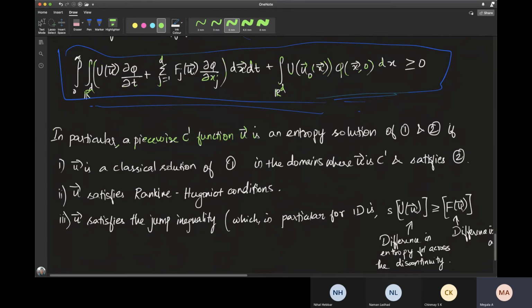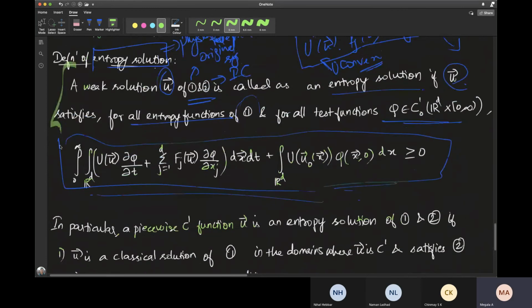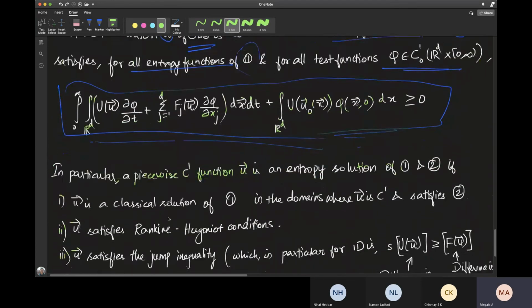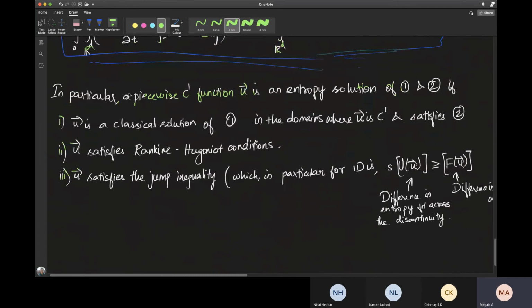So we call such a function an entropy solution if these three conditions are satisfied. That is, the big condition that we have stated here has been simplified and written over here for some specific form of function known as a piecewise continuous function of U.